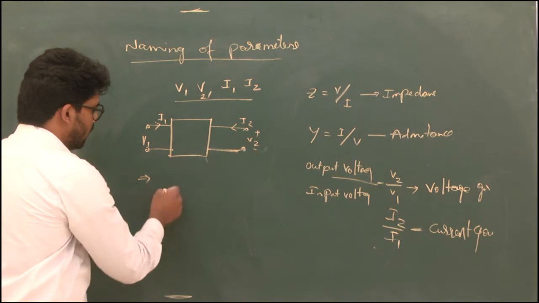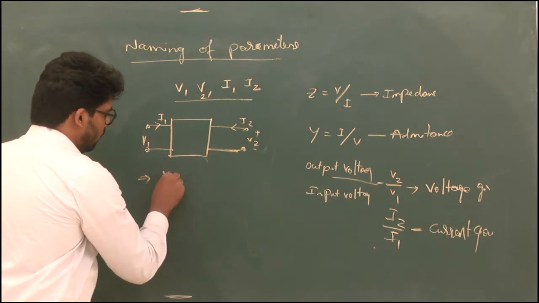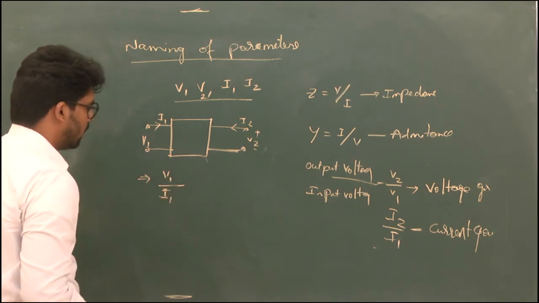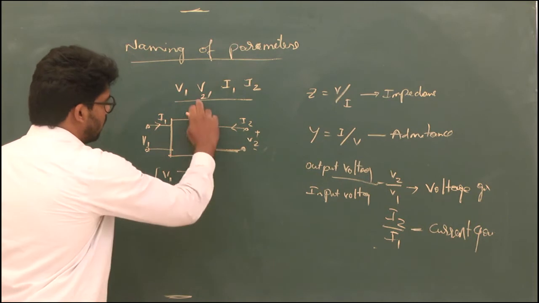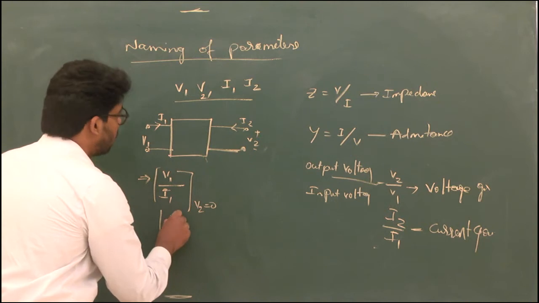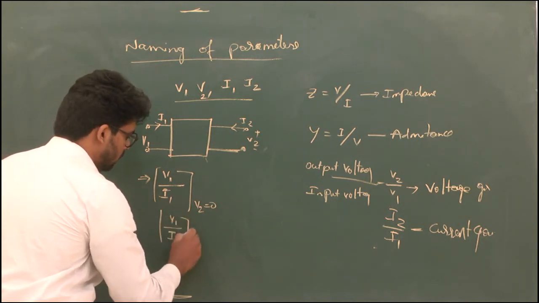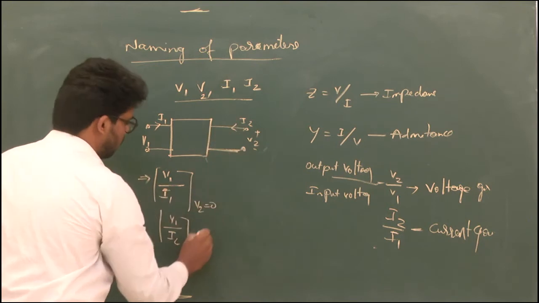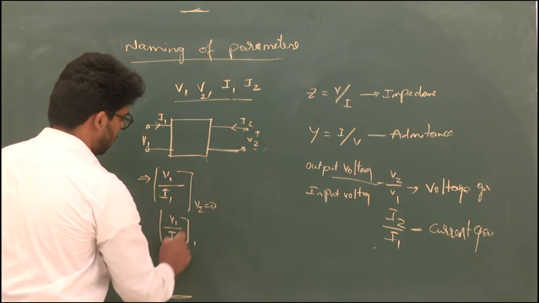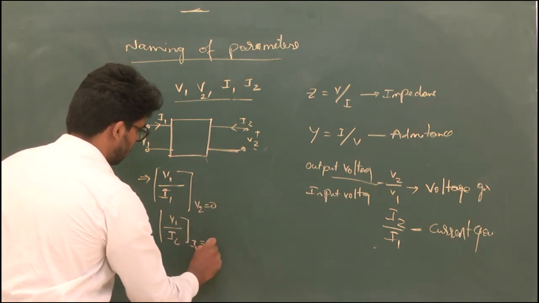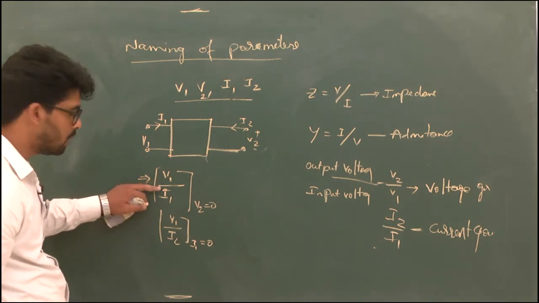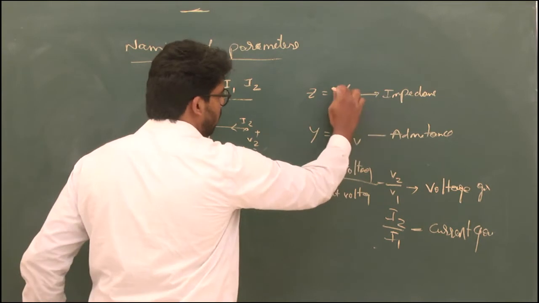For example, if a parameter occurs like V1 by I1 when V2 equal to 0, or V1 by I2 for I1 equal to 0, the response we get is impedance, in the form of V by I.